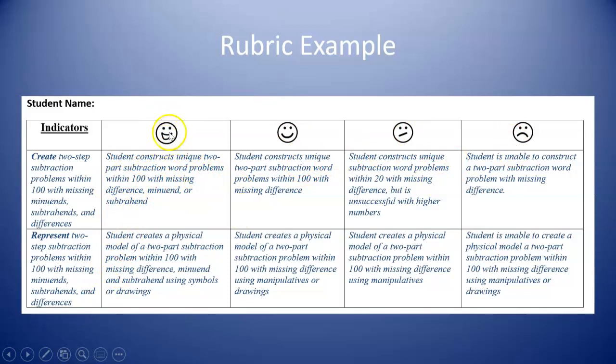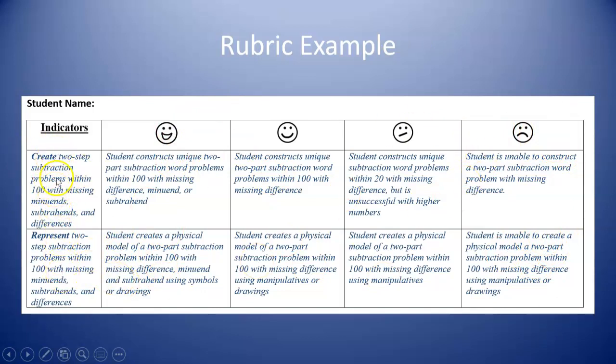So you see here, this one doesn't have a 1 to 4, it has a frowny face to a smiley face. It can go either way. I tend to think of it as the least to most. This one is most to least, but you can do them either way, all right?